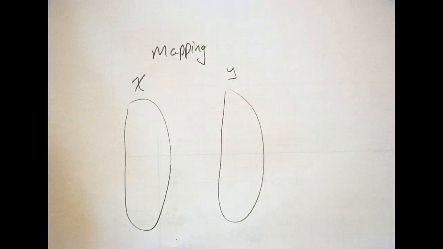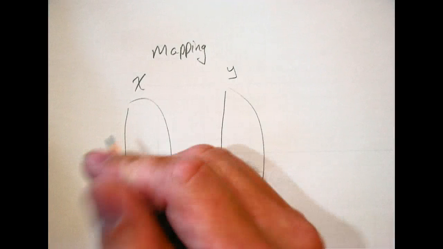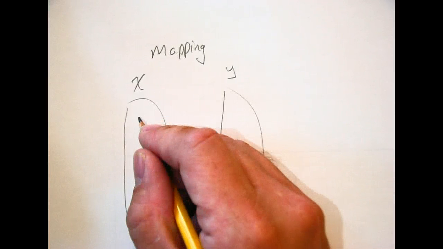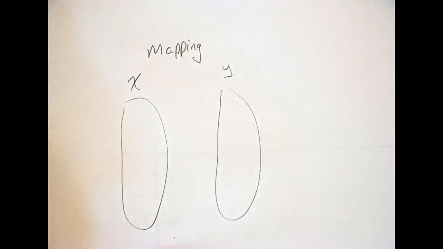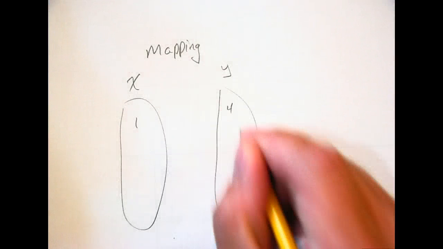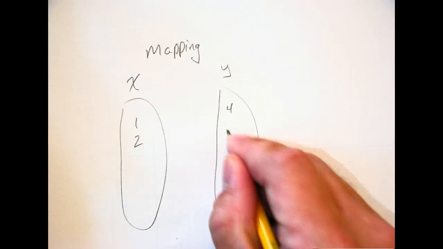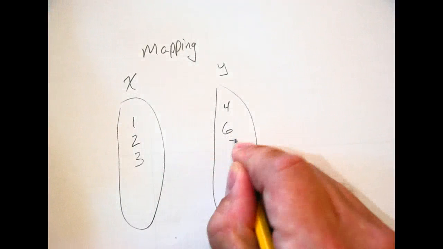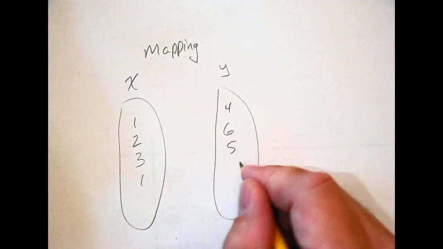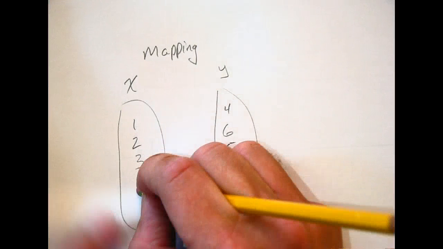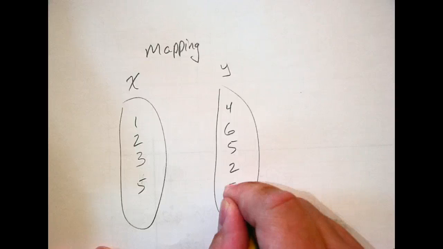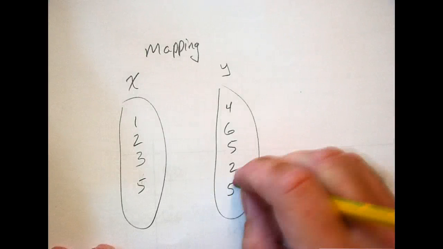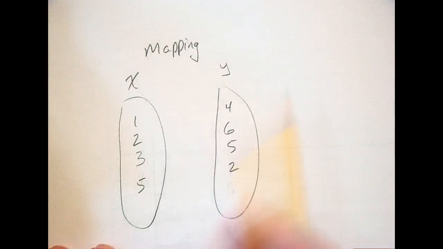Now on those x's and y's, we have some points. Read those points off to me again. 1, 4. 2, 6. 3, 5. 1, 2. I'm not going to put a 1 there again. I already have a 1. And 5. Ooh, I already have 5 over here too. And 7.